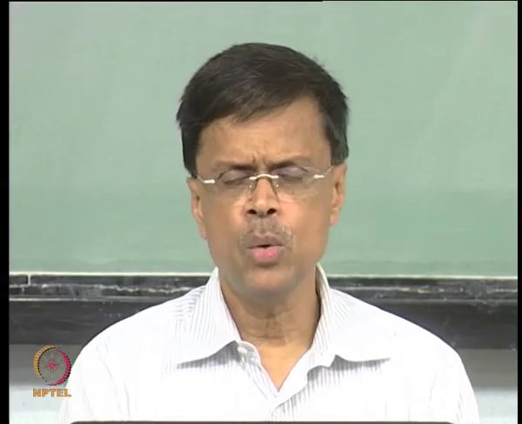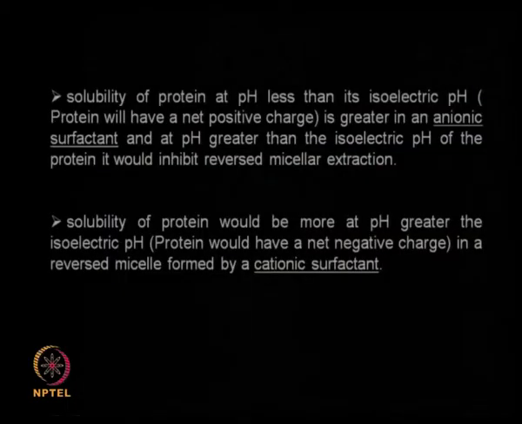So if you know the isoelectric pH of a protein, and if you are operating at a pH less than the isoelectric point of the protein, the solubility of the protein at pH less than the isoelectric pH is greater in an anionic surfactant, and at pH greater than the isoelectric pH of the protein, it would inhibit reverse micelle extraction. So if the pH is greater than the isoelectric pH, then you are going to prevent the reverse micelle extraction.